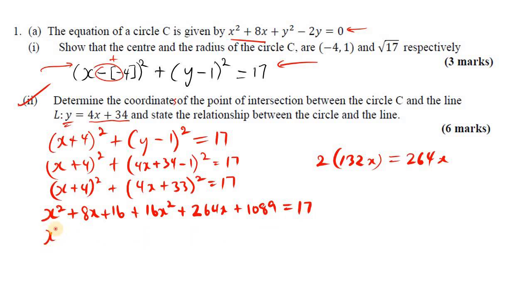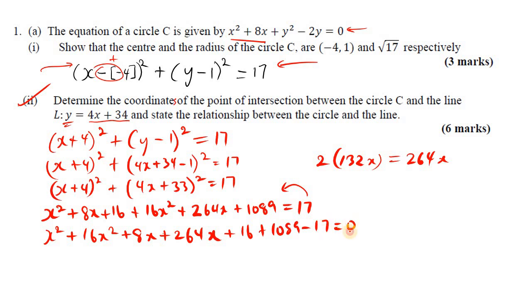We have x squared and the 16x squared; let's put those together. Then the 8x plus the 264x. We have the 16 plus the 1089, and I'm going to transpose the 17, so that's minus 17 equals 0, subtracting 17 from both sides.